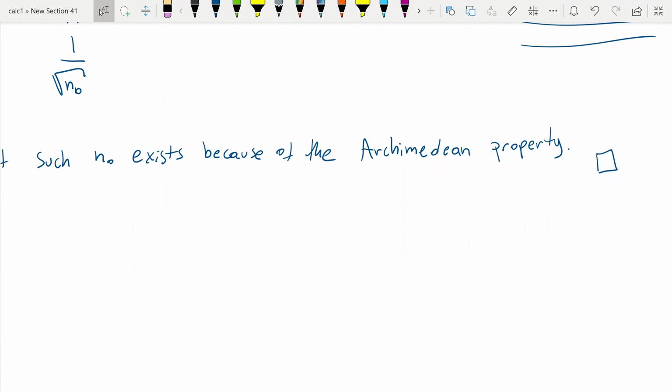Maybe it's not going to be so easy to solve for n0, or to put it in a way that it's just a consequence of the Archimedean property. So we need to bound things, find bounds for the expressions we have from above or from below. But once you learn that, you'll be able to do all the problems of this type, and this is not going to be inconvenient for you at all. Okay, so that's what we're going to do next.